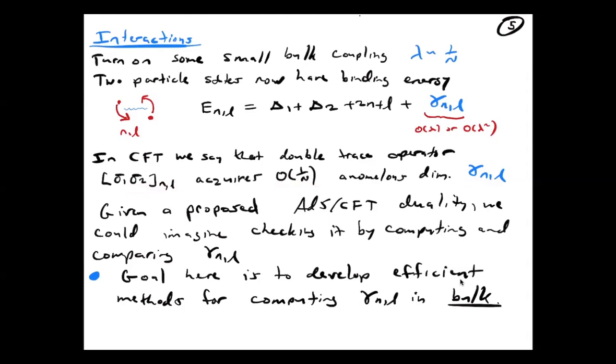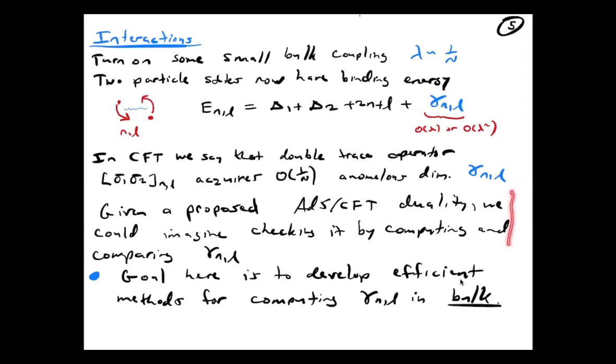So if you had some independent way of defining some AdS/CFT proposed dual pair, then one check you could do would be to compute the spectrum of energies in the bulk, the spectrum of operator dimensions in the CFT, and compare those over the 1 over N expansion and check that these gammas agree.